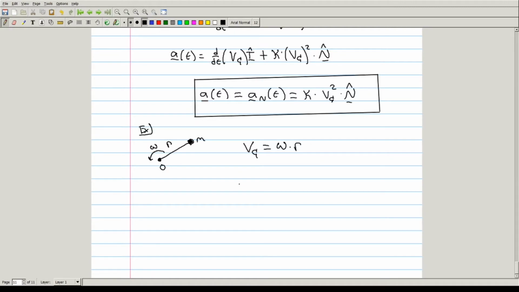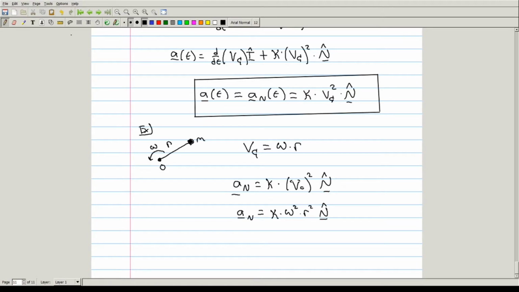But the normal component of acceleration is kappa times Vc squared times n hat, which means that the normal component of acceleration is going to be kappa times omega squared times r squared times n.